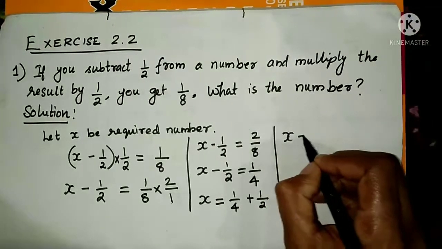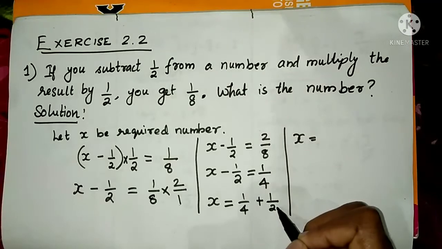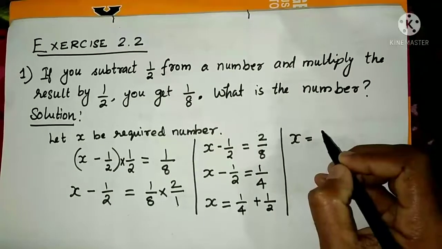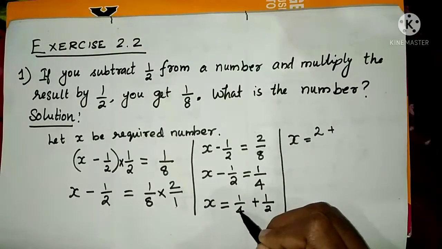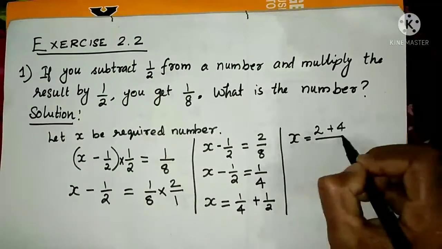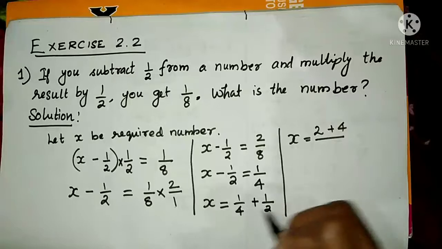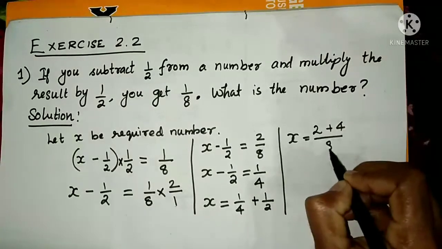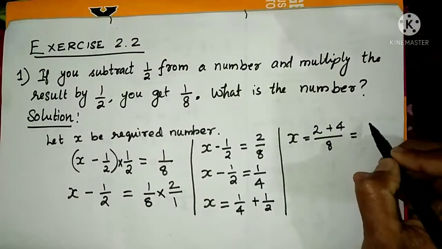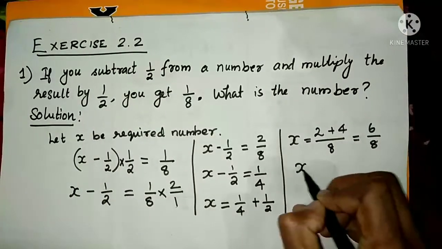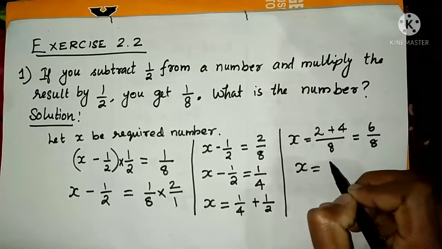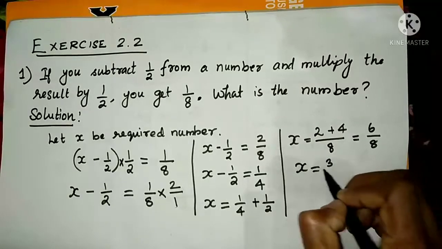So x is equal to 1 into 2, we get 2, plus 1 into 4, 4, by 4 2s are 8. So we get here 6/8. When we simplify this by 2 table, we get 3/4.